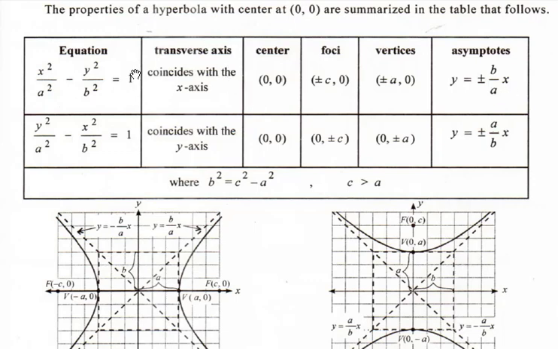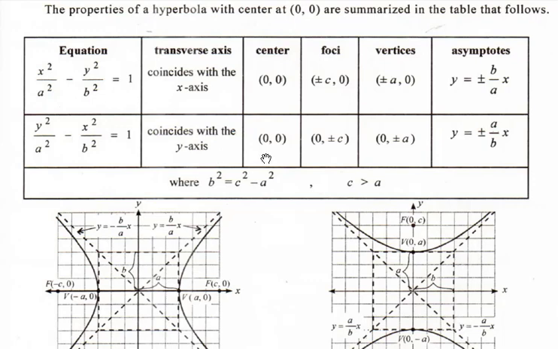In the case where we have the equation y squared over a squared minus x squared over b squared, the minuend contains y squared, so the transverse axis coincides with the y-axis.